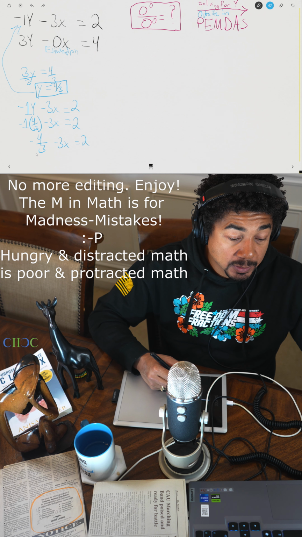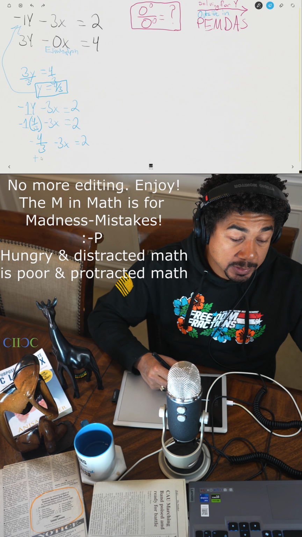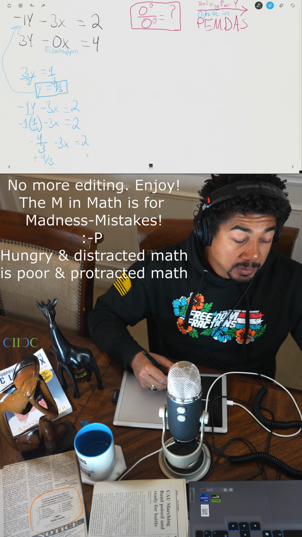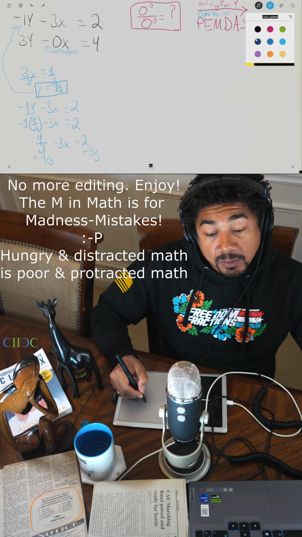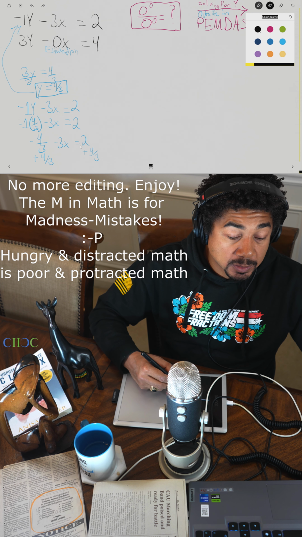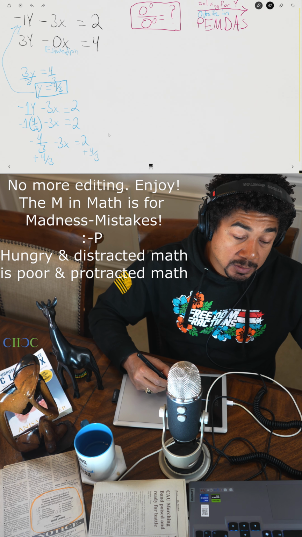Okay, so undo a negative with a positive. So at this point you can have all of the fun, and you can make this 6/3.